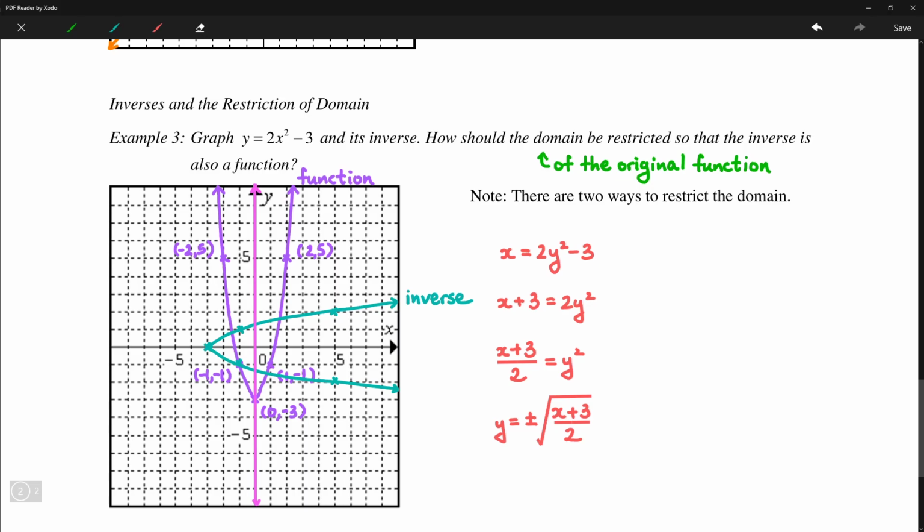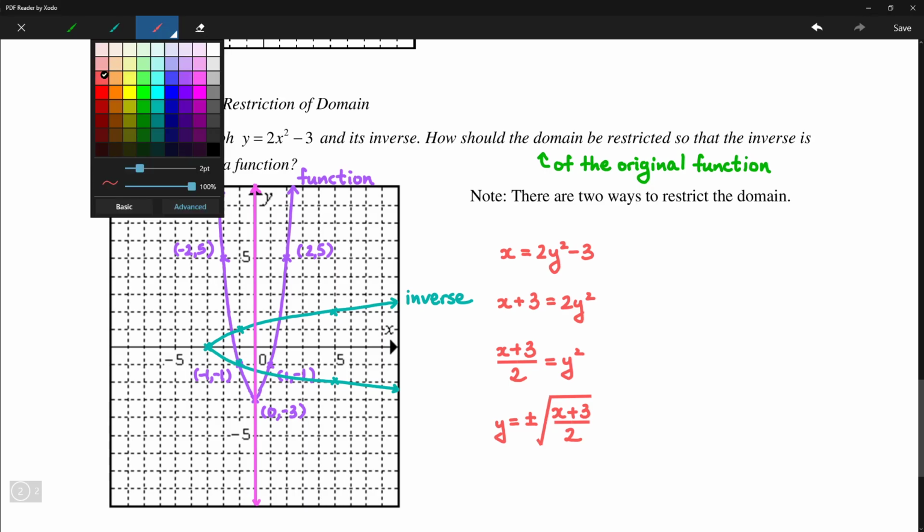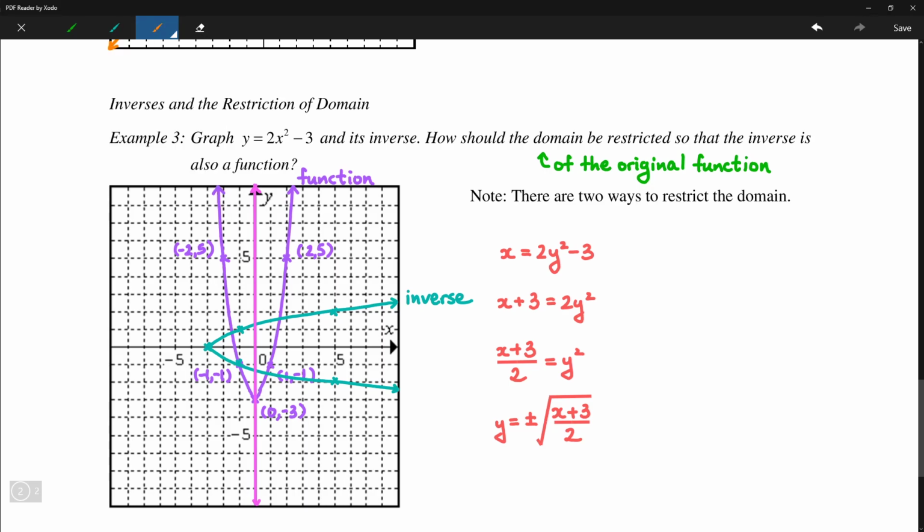And as we stated, there are two ways to restrict the domain. So one of the ways to restrict the domain is to let x be greater than or equal to 0, okay, which will produce the right half of the original function only, so this part only, right, because that's where x is greater than 0 on the original function. And that would correspond to the top half of the inverse.